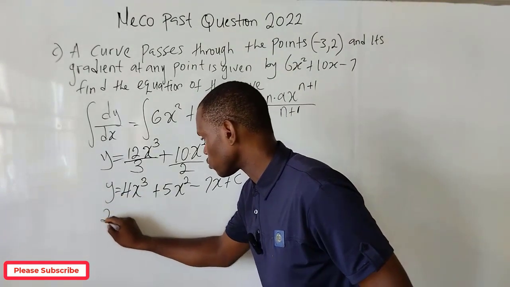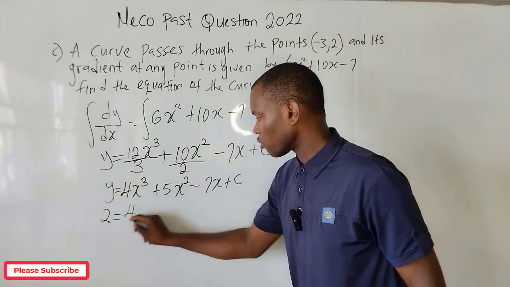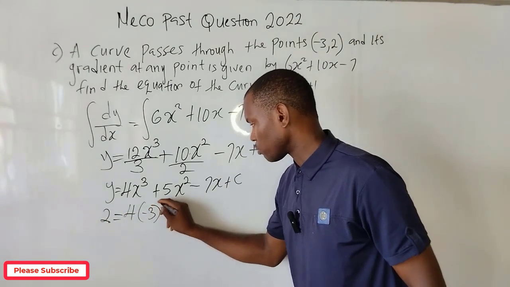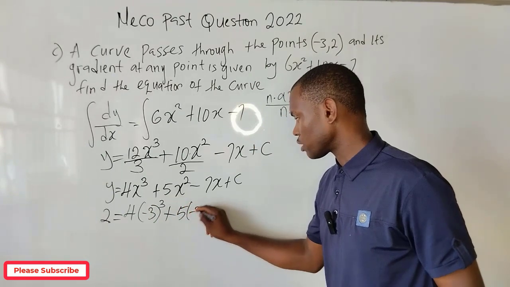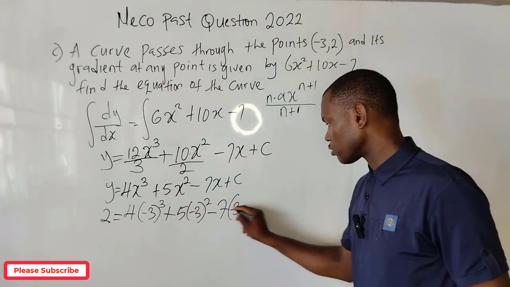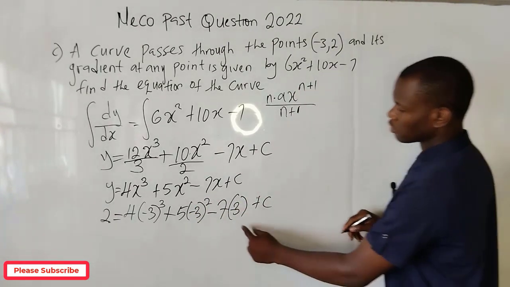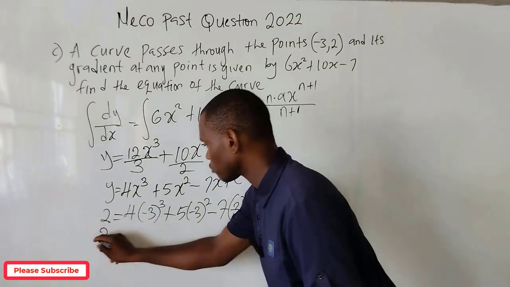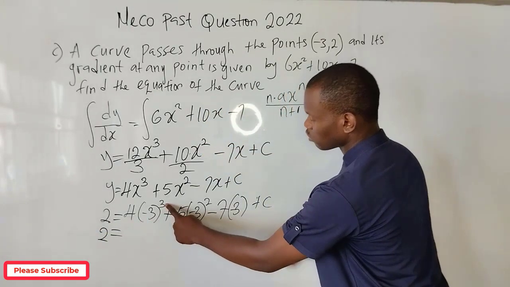So my y is 2, equal to 4 into minus 3 raised to power 3 plus 5 into minus 3 raised to power 2 minus 7 into minus 3 plus c. Okay, at this point we expand. I'll have 2 equal to minus 3 raised to power 3, which is minus 27.